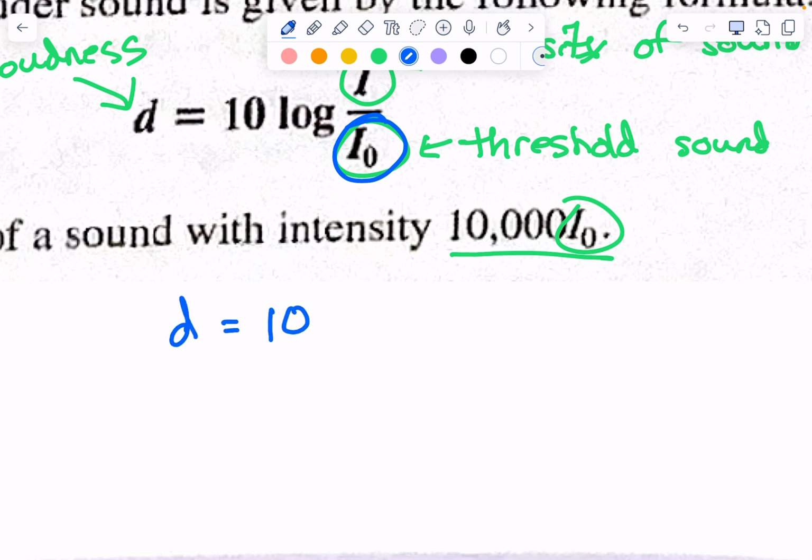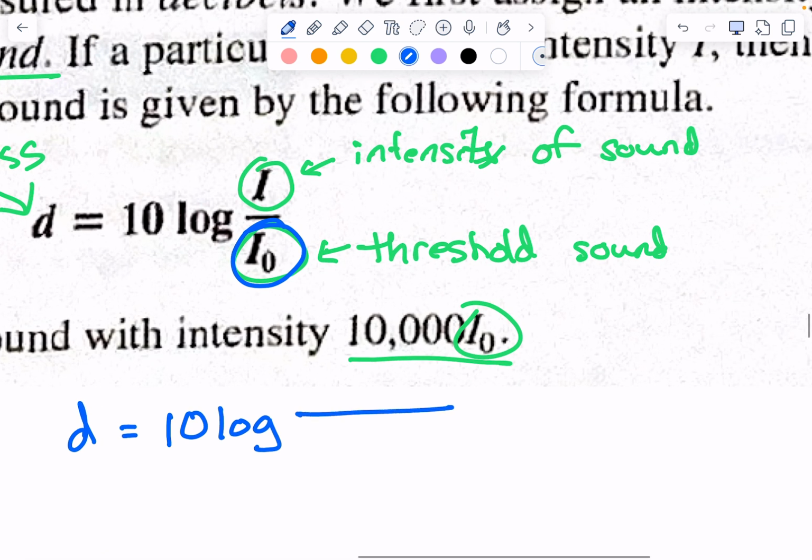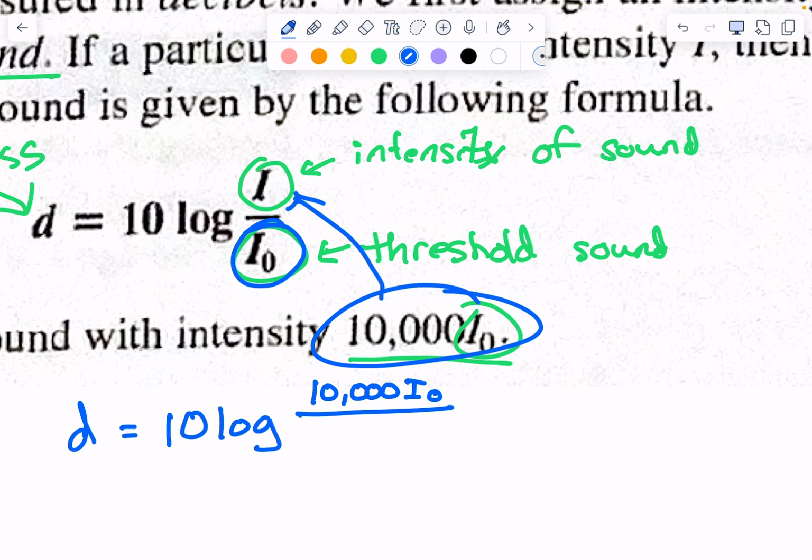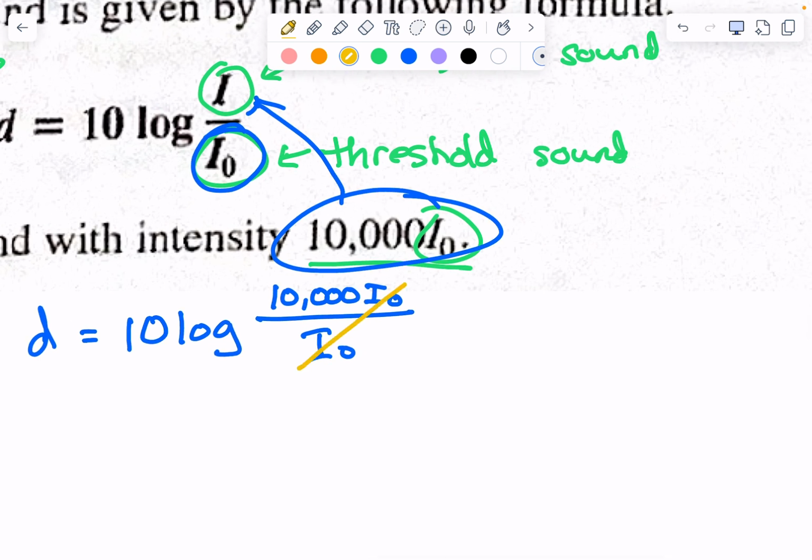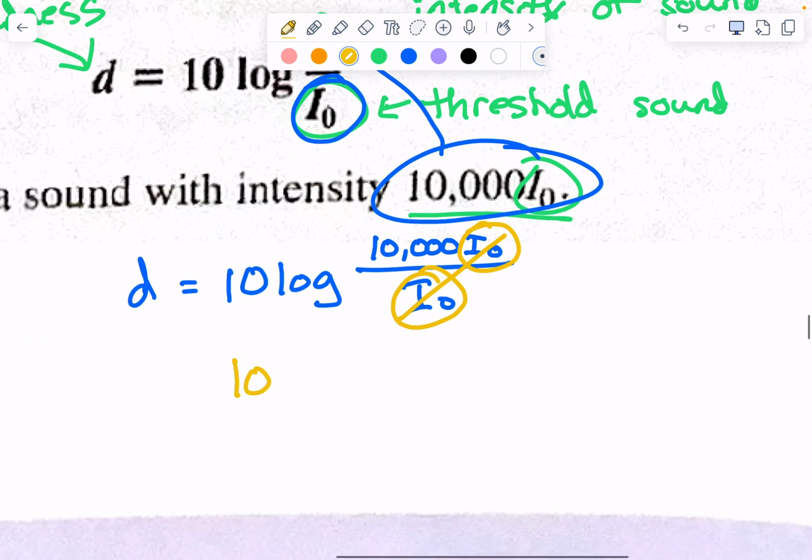If I plug that in for I, I have 10,000 I naught, but I still have I naught on the bottom. It doesn't matter what that I naught is because it's going to cancel. So they're saying it's 10,000 times whatever your ear can hear. That's what I naught is. So we're really doing 10 log of 10,000.